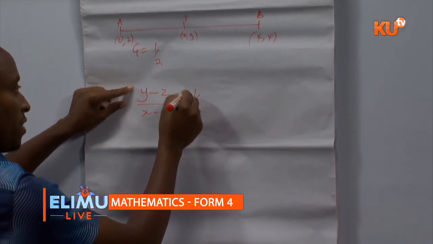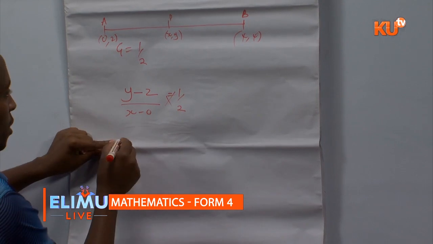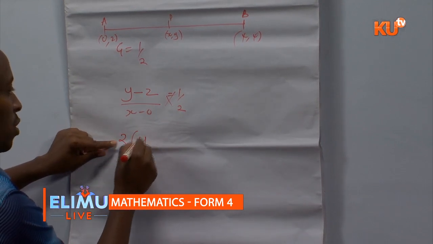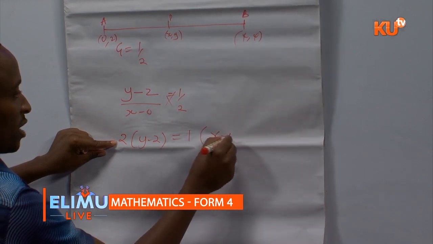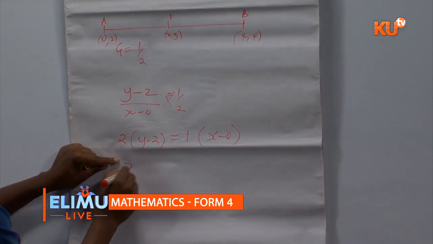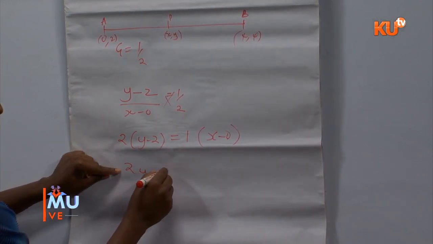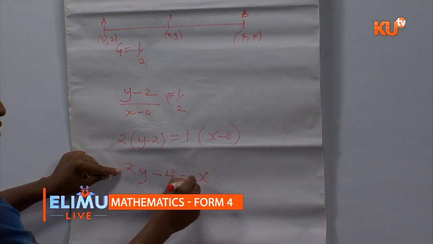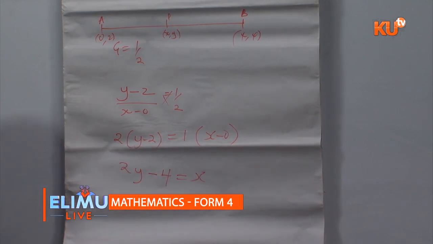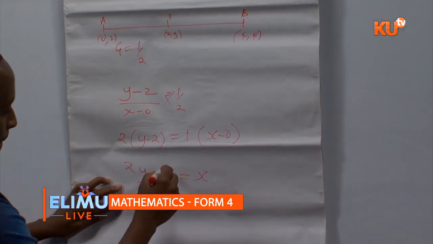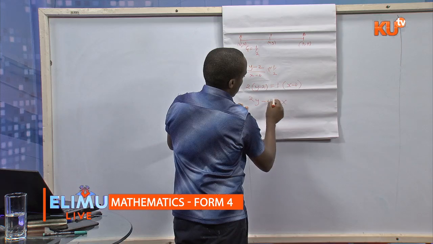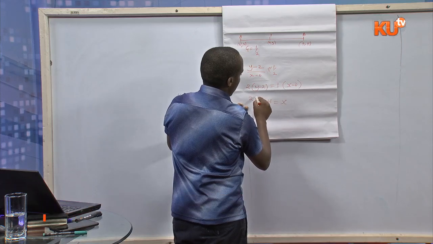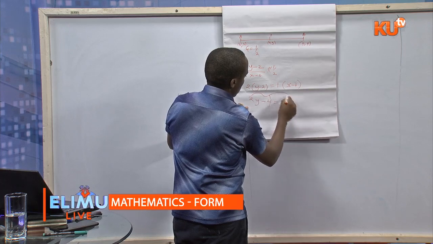to be equal to a half. Then you cross multiply this. This will be 2 multiplied by y minus 2 is equal to 1 multiplied by x minus 0. This will be 2y minus 4 is equal to x, since 1 multiplied by 0 is 0.